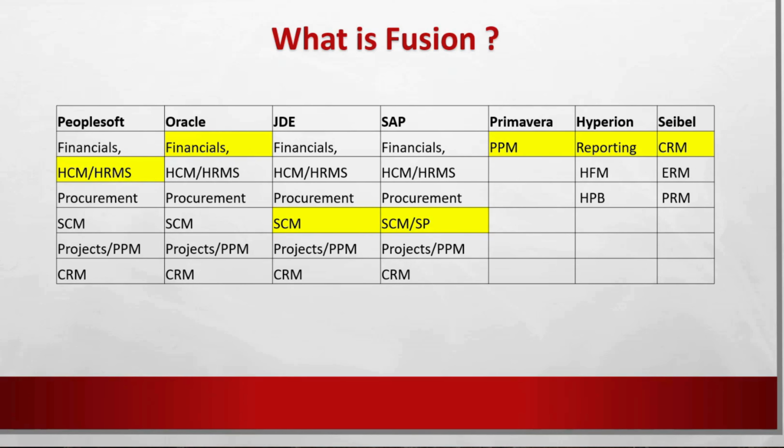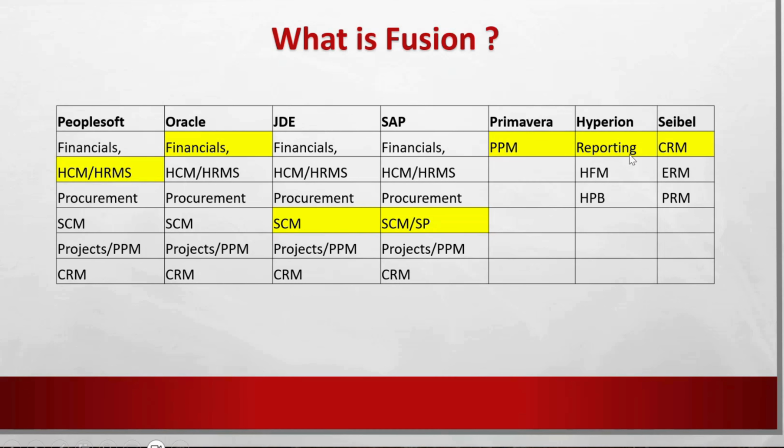Hyperion applications had reporting as their core. They used to have extraordinary reporting applications where reports would generate in a very easy and user friendly manner. So that was their core. It also dealt with HFM and HPB, where HFM means Hyperion Financial Management, and HPB is Hyperion Planning and Budgeting.